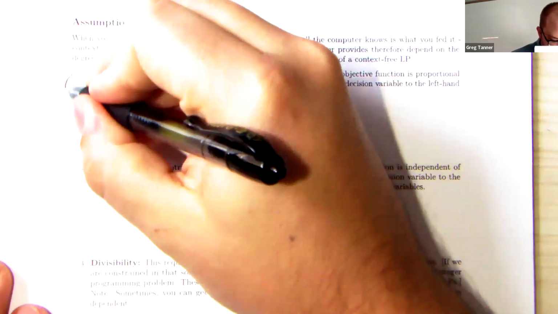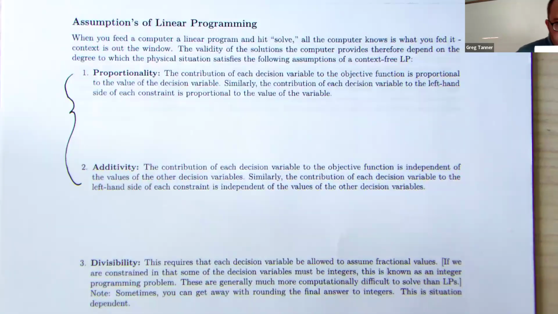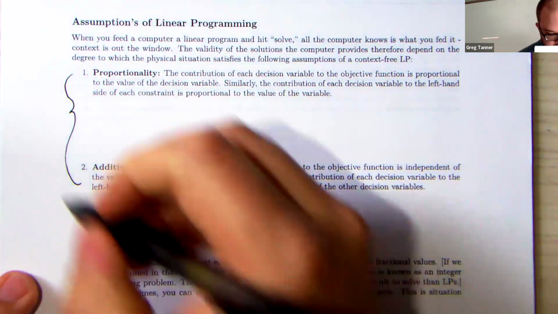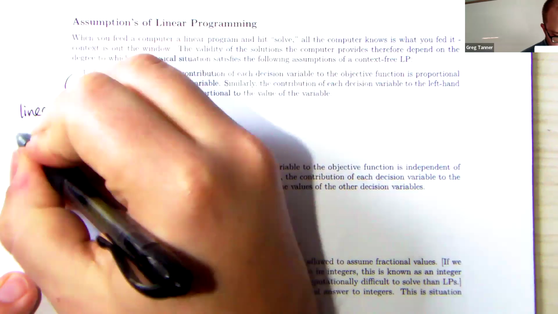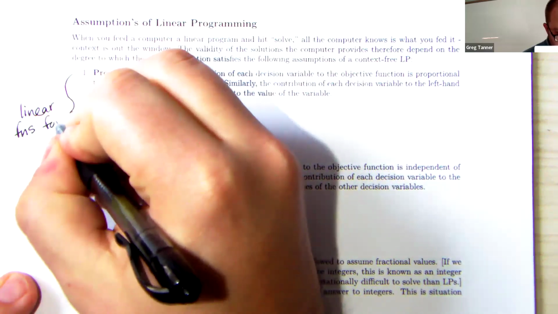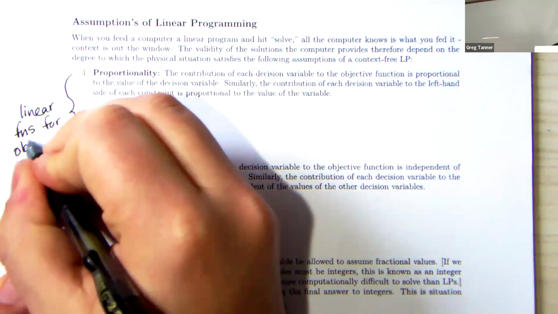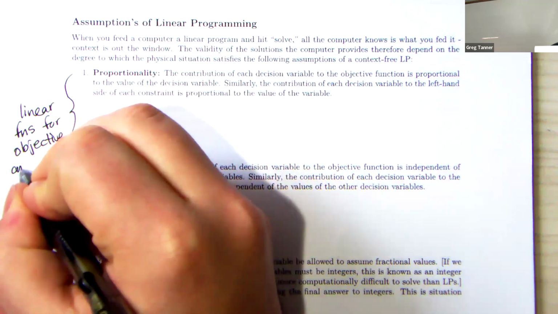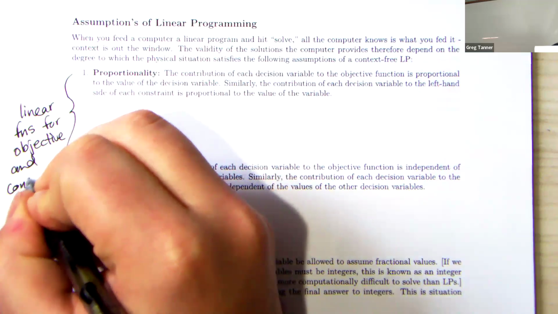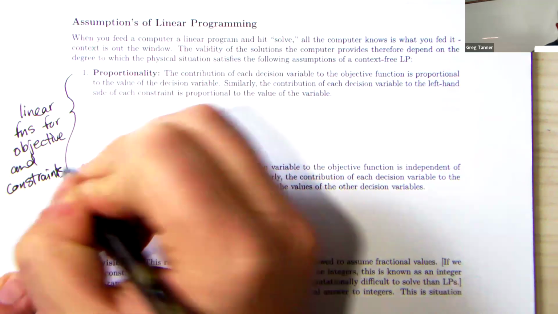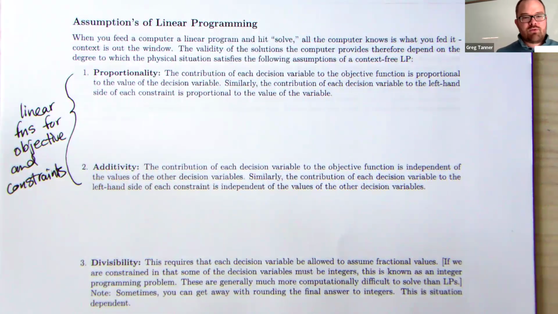And these two together essentially tell us that we have linear functions for the objective and for the constraints. Okay, so those two together tell us that whatever we come up with for an objective function, it's got to be a linear function, and whatever we come up with for the constraints on the left-hand side has to be a linear function.